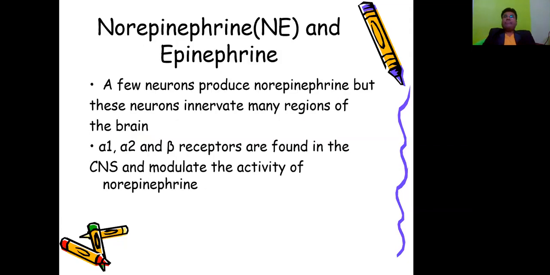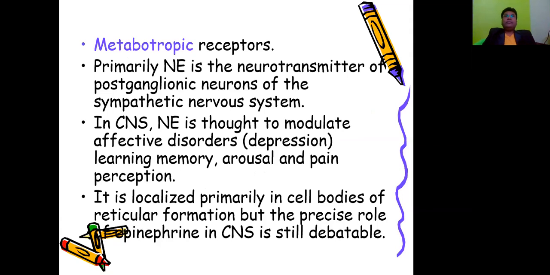When we talk about norepinephrine and epinephrine as central nervous system neurotransmitters, a few neurons produce norepinephrine, but these neurons innervate many regions of the brain. The receptors like alpha 1, alpha 2, and beta receptors are found in the central nervous system, which modulate the activity of norepinephrine. These are metabotropic receptors.